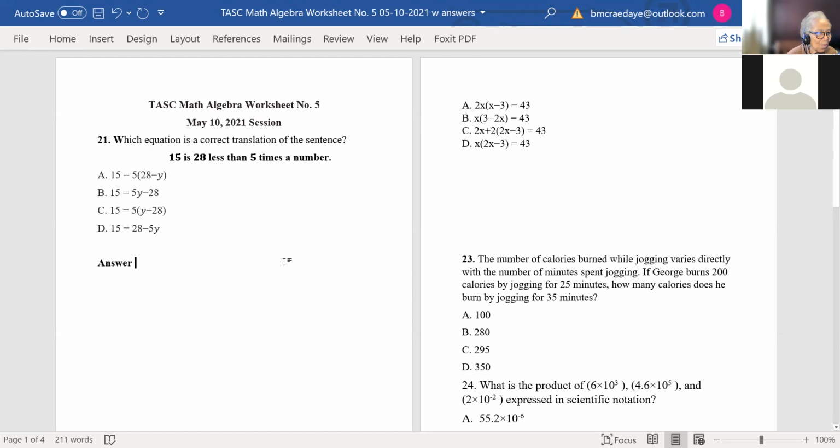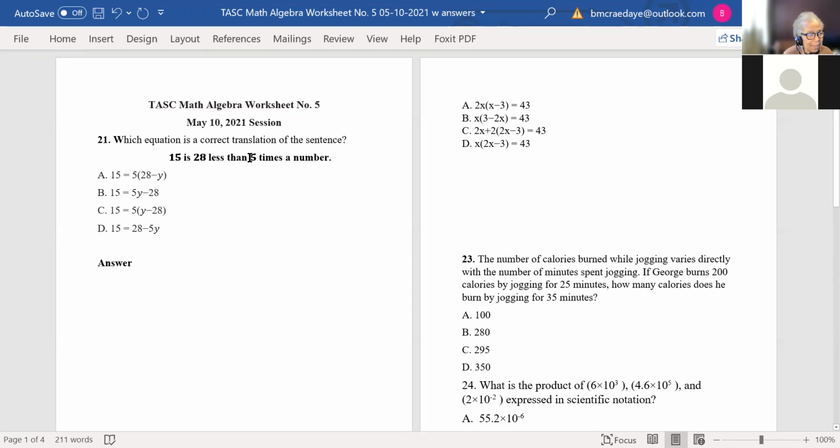Tell me what the answer is. How do you write 15 is 28 less than 5 times a number? 15 is equal to 28 subtracted from 5 times the number. 28 less than means you're subtracting 28 from 5 times a number.